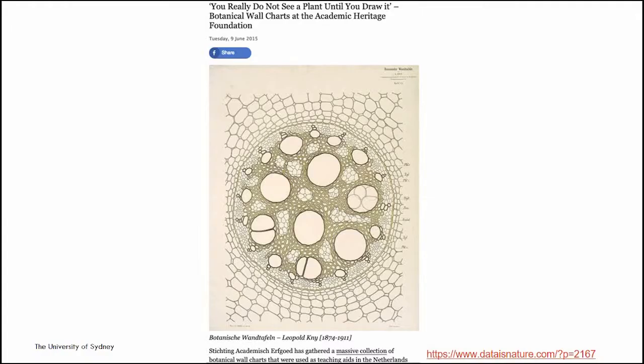And it's another reason to use these wall charts in teaching. It alerts students to that: if you had to draw what you're seeing down the microscope, how careful would you need to be, not only to draw it as an aide-memoire for yourself, but also so another scientist could look at your drawing to be able to understand what you were seeing down the microscope.